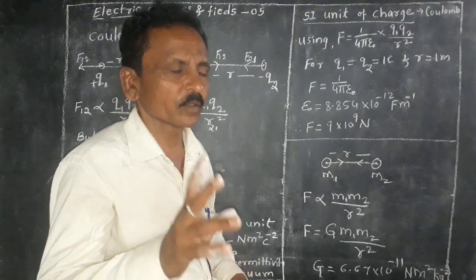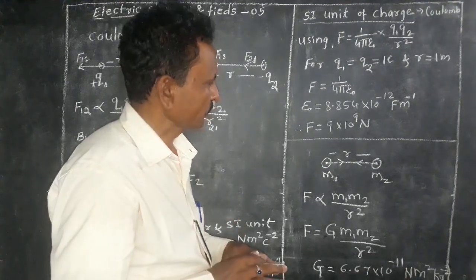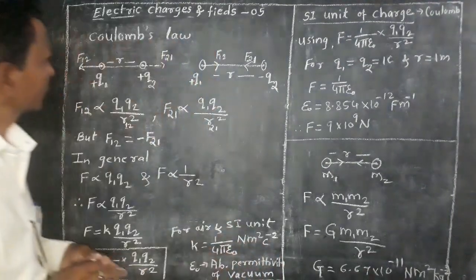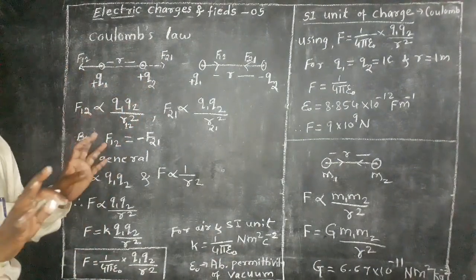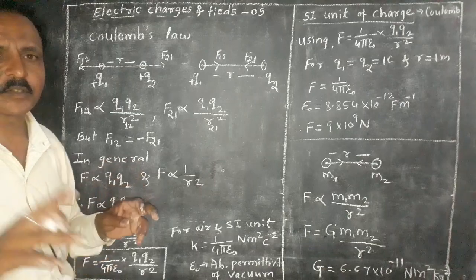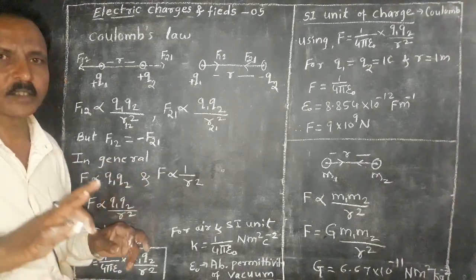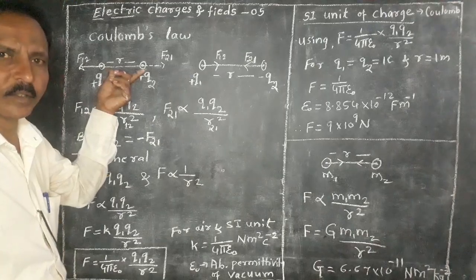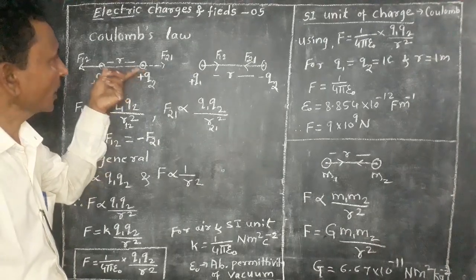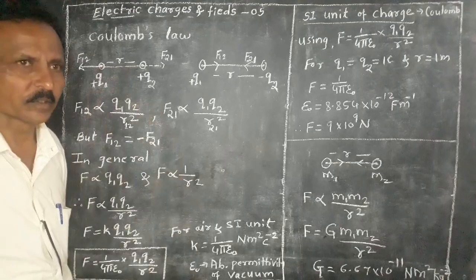It is important for 1 or 2 marks. Coulomb's law is only applicable to point charges. It is not applicable to extended charges, that is charges distributed on surfaces of a body. It is only applicable to point charges only.